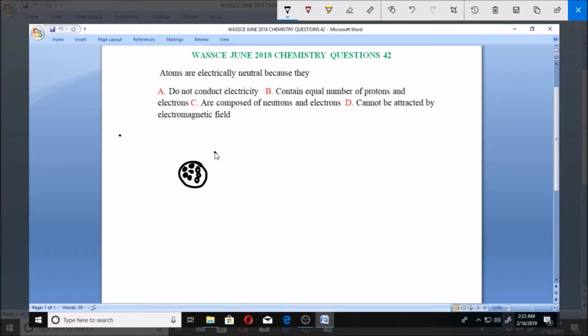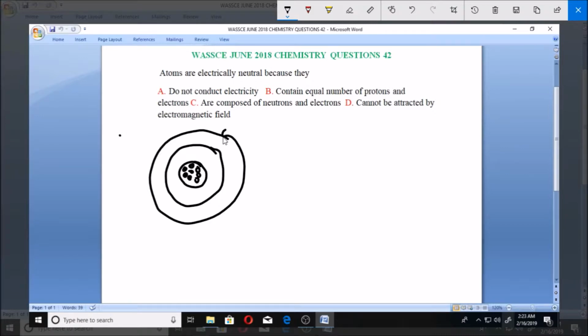Now, apart from this nucleus that contains protons and neutrons, we have the electrons revolving around the nucleus.